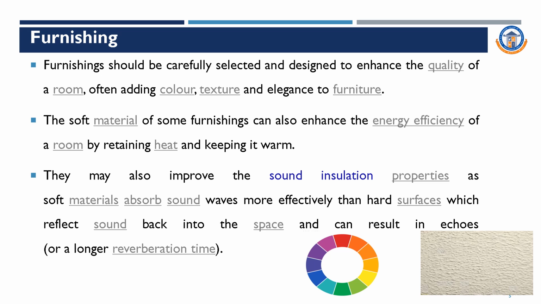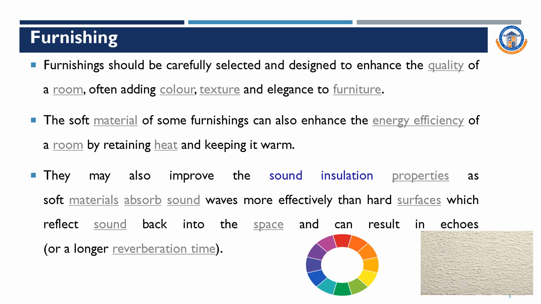about the texture. Since we are using furnishing as a soft material, it can not only enhance the elegance of the furniture, it also enhances the energy efficiency of the room by retaining heat, and one can feel very warm inside the room.